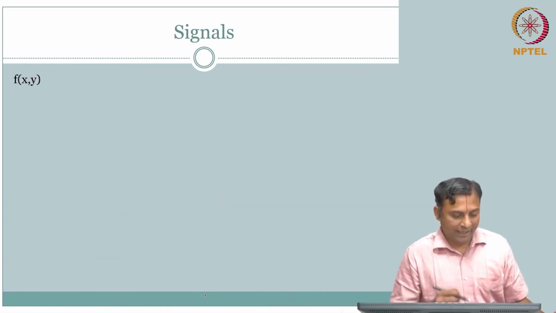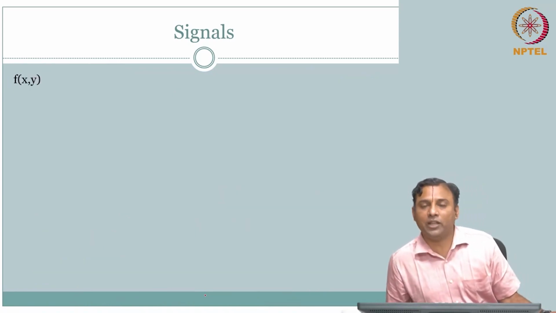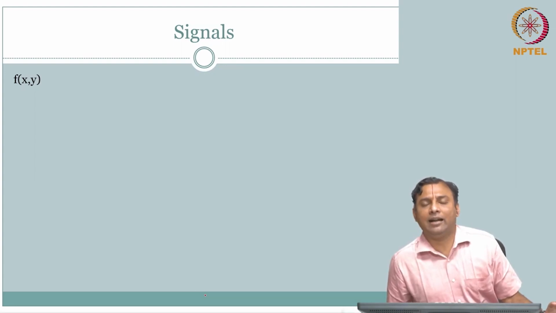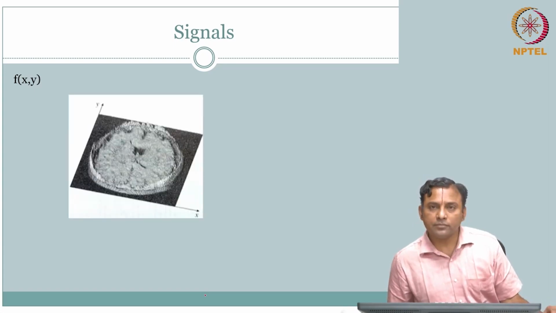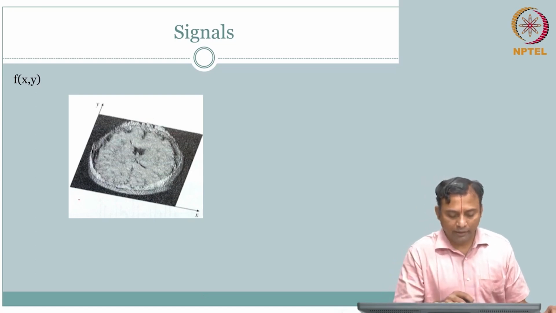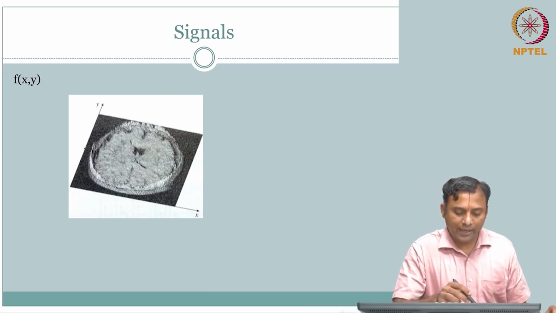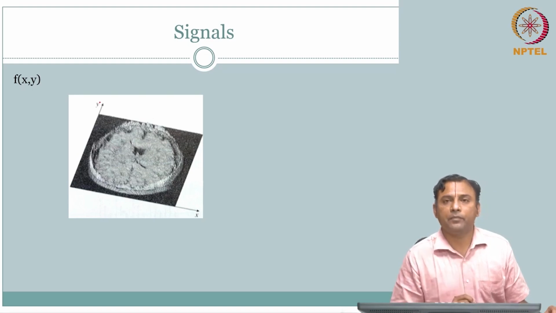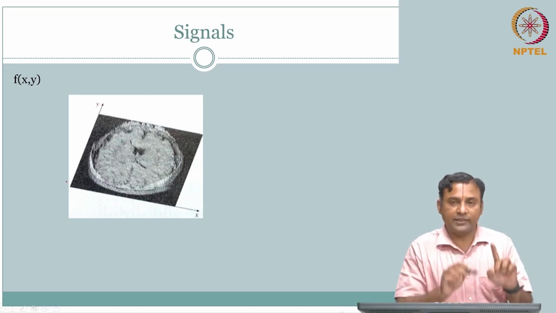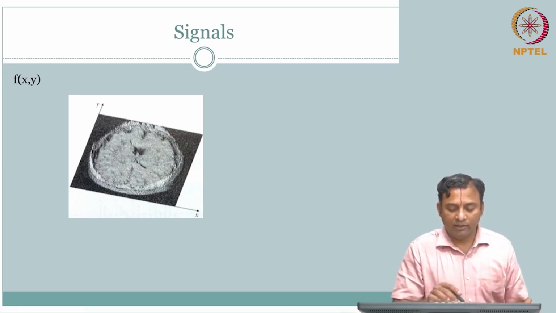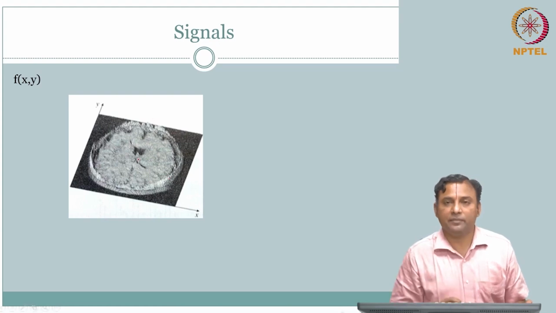So f of x comma y, if I want to visualize or represent it, a straightforward extension of our understanding of 1D representation leads us to something like this, where you have x axis, y axis, and a third axis. You can see the valleys and peaks here.